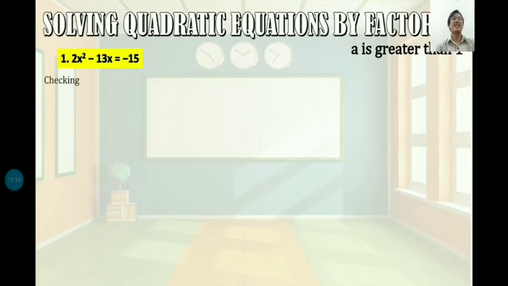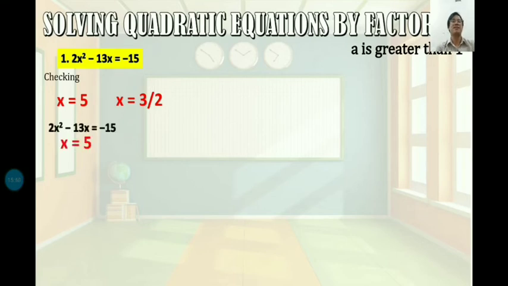Let us apply the roots to see if this is correct or not. Let us apply first x as positive 5. By applying substitution, we change x to 5. So we have 2 times 5 squared minus 13 times 5. Is that equal to negative 15? So let's check. 5 squared is 25.